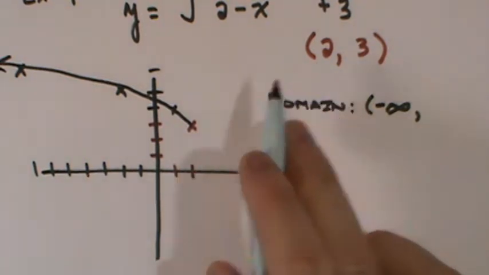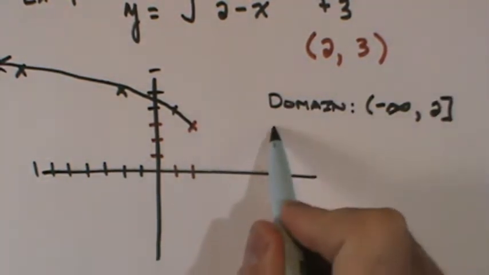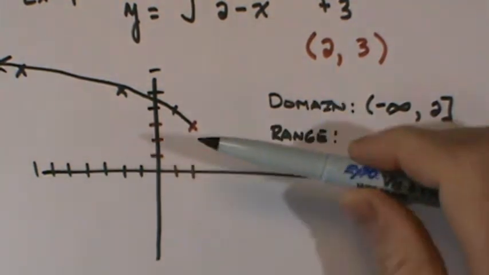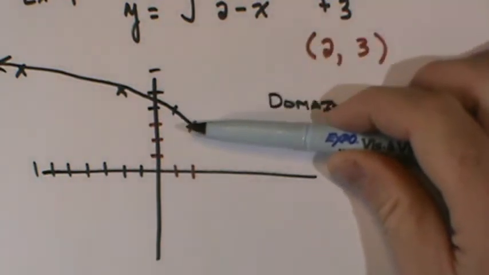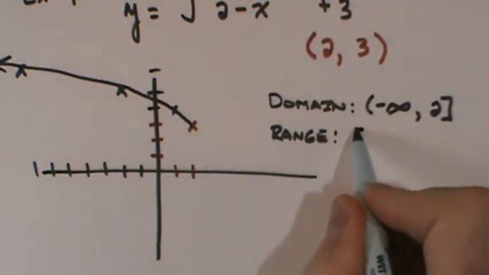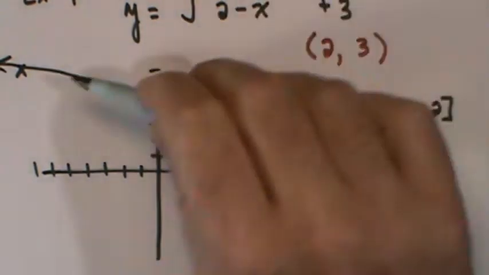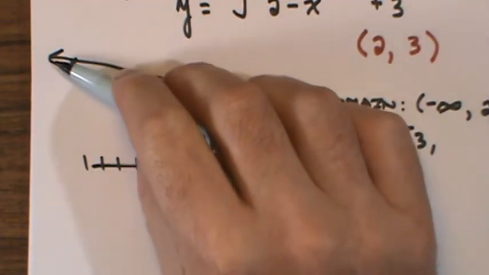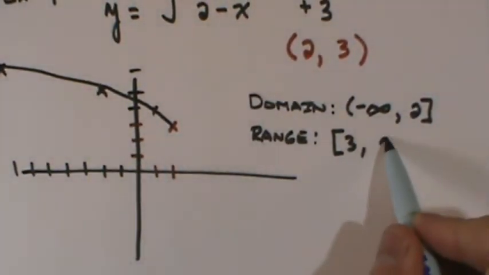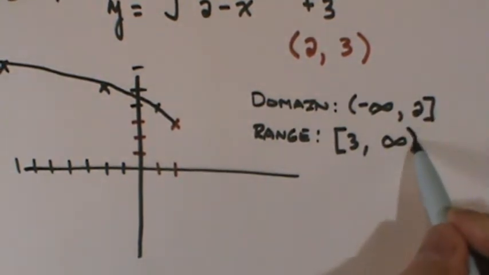And I have value 2, I can touch value 2. So I can go 2 bracket. Range. The lowest value on my y-axis happens to be right here. It's 3. So I'll do a bracket, call it 3, and then this will go up forever. Remember that arrow on this says it goes forever, so it continues to go up this way, and so we'll say infinity. Let me get a parenthesis there.